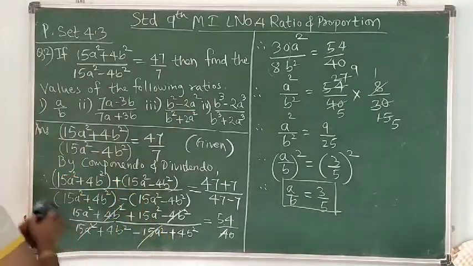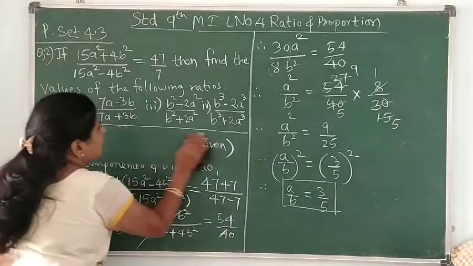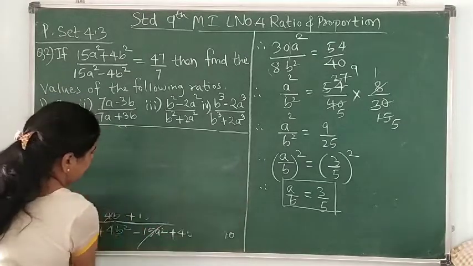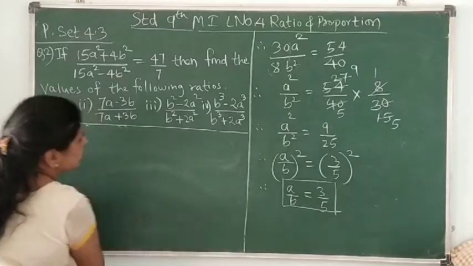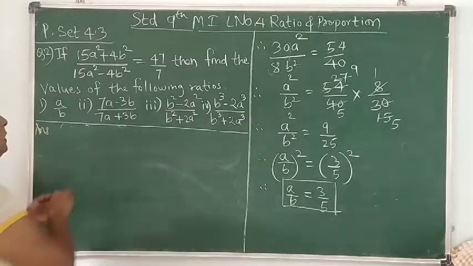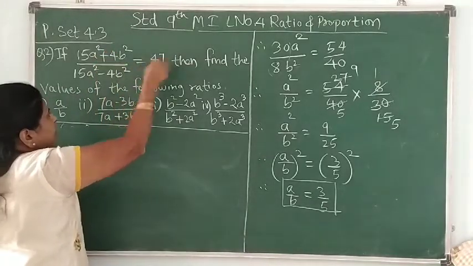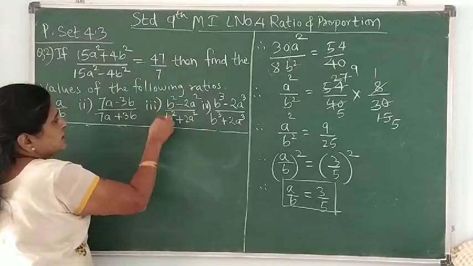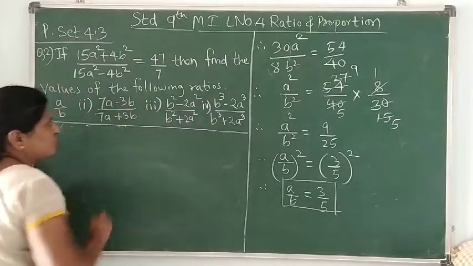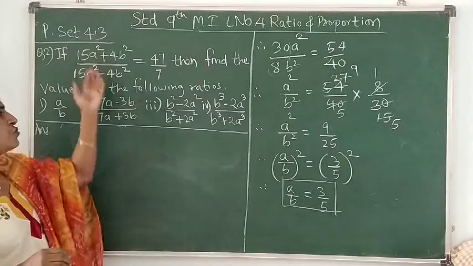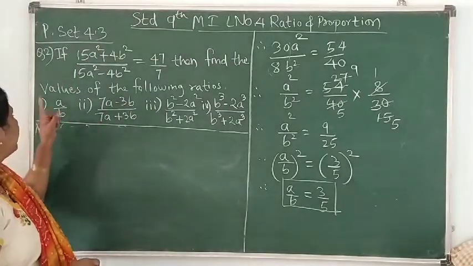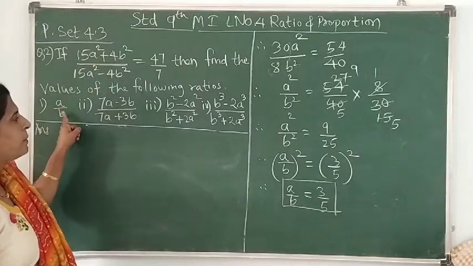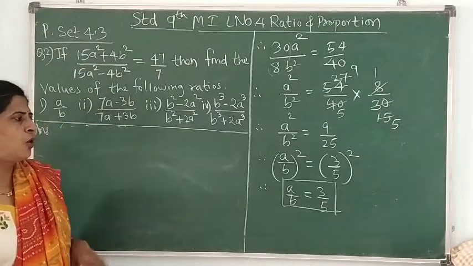Okay, let's go for that. Sometimes the question is asked directly that if this is equal to this, then find the ratio of, say, this or this, so from complex to complex. In that case also, you have to first find from the complex ratio to the simple, and then from simple to the complex.